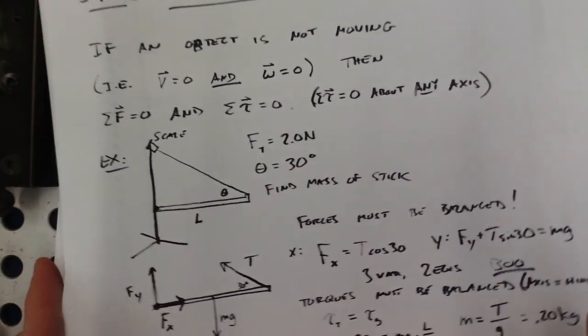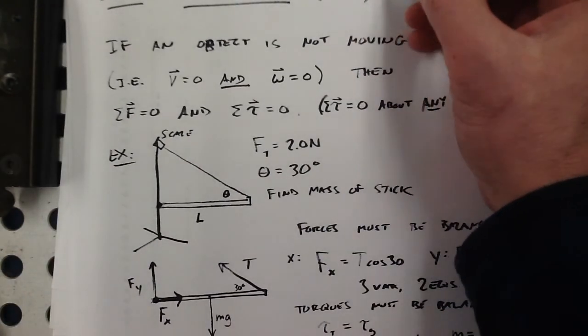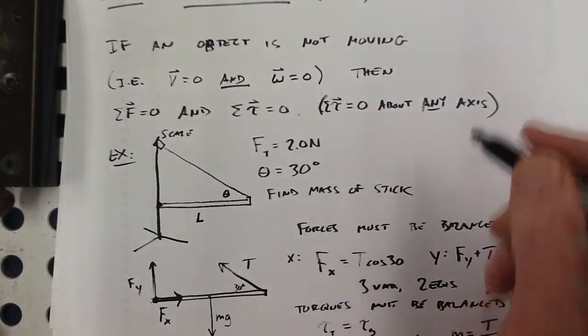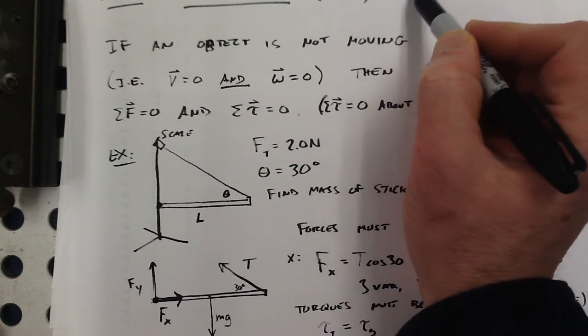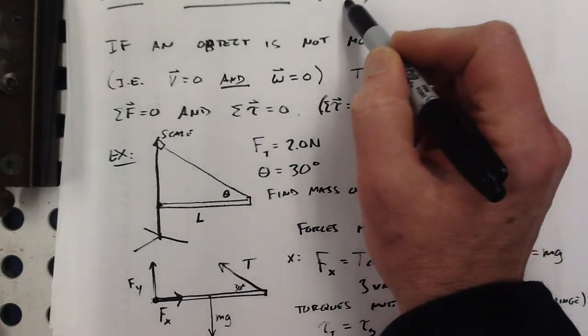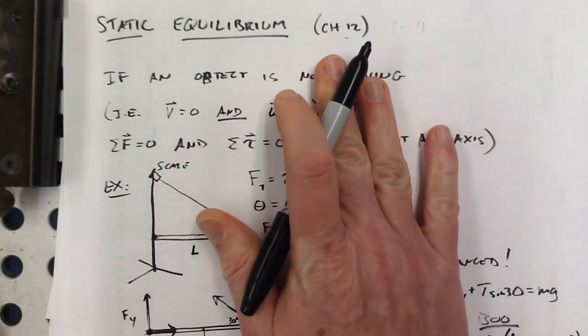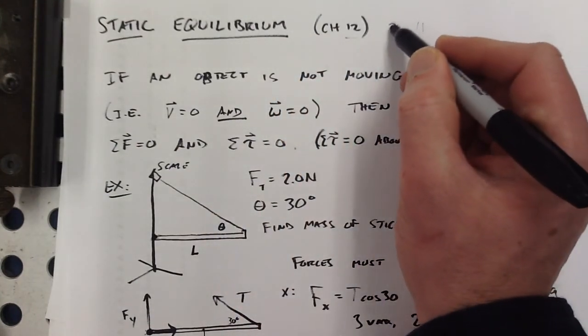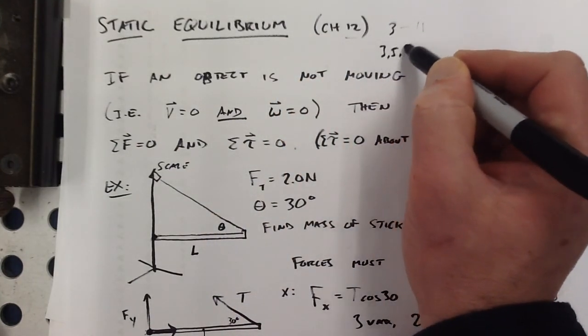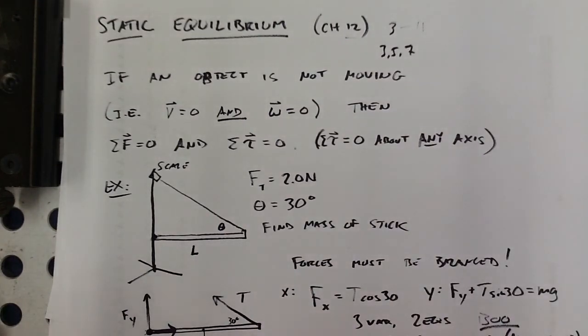That's an example. I will warn you as you go to, I think the first set of problems you're going to do in the book is 3 through 11 odd from chapter 12. And I think the first 3 of them, 3, 5, and 7, hold on, I've got a book right here. I'll tell you for sure. I think that you don't need to use torque in those. It's just kind of like a review of static equilibrium with forces.